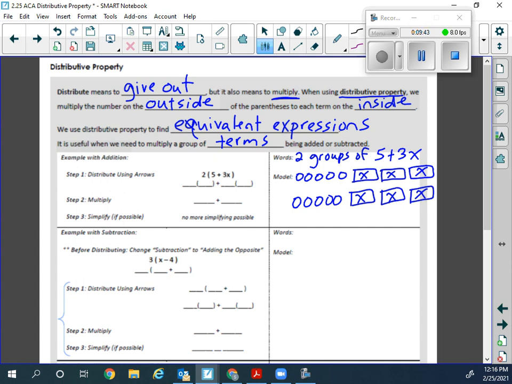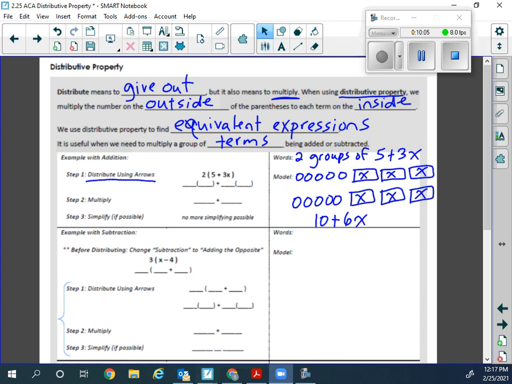We already know that the answer is 10 plus 6x. You told me that on Brainy Camp. But now what we have to do is figure out, well, what if we didn't have Brainy Camp? So come over here, and it says step 1, distribute using the arrows.